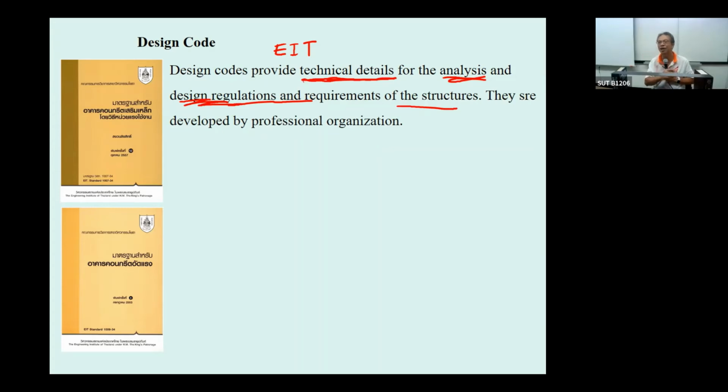This is not legal stuff, but you can follow it, especially since they design structures to be safer compared to the building code. And then you have to follow it here in Thailand.